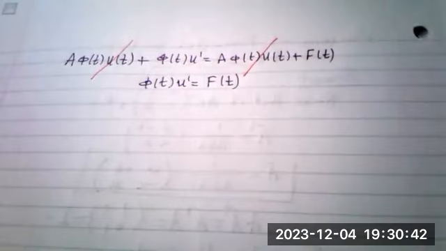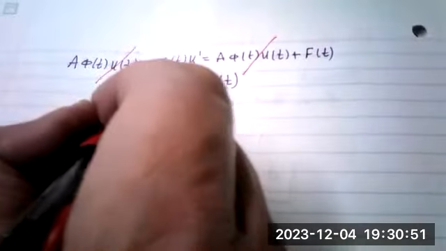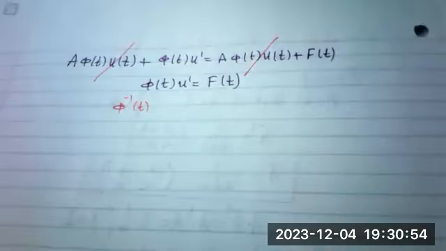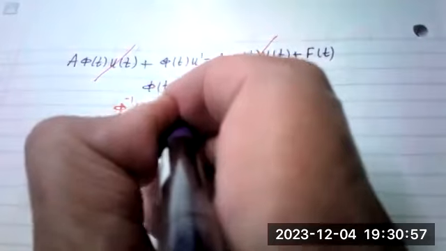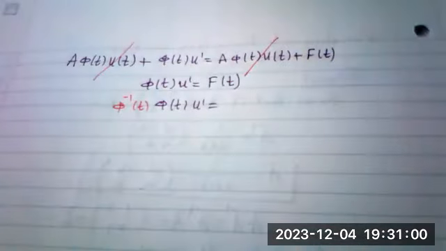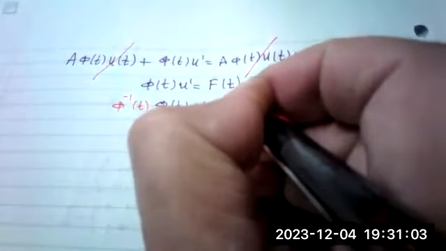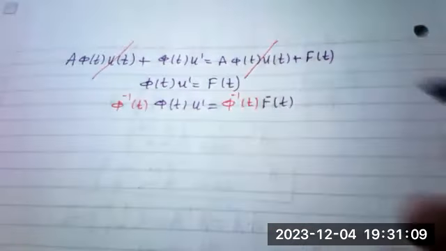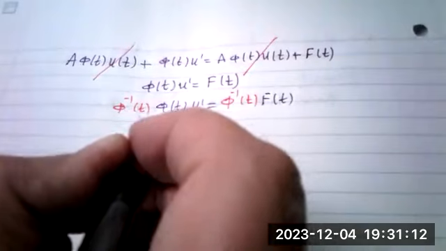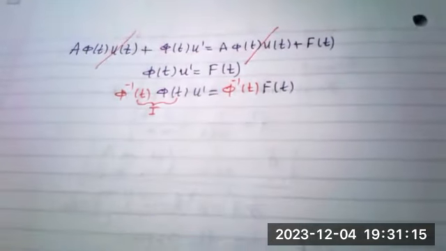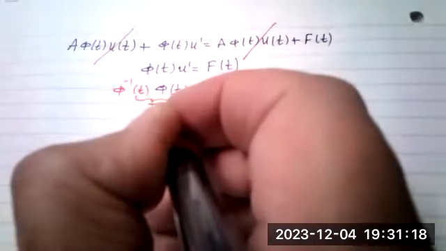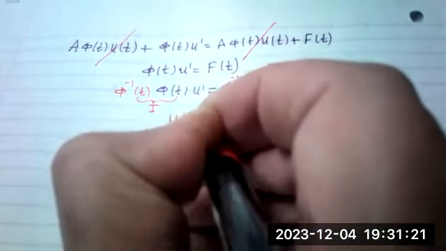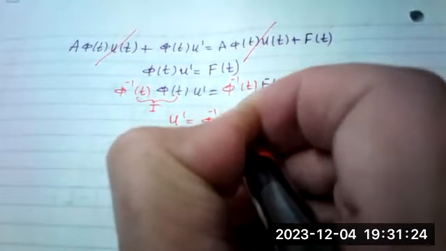Instead of dividing by phi of t, we multiply by the inverse, phi inverse of t, on both sides: phi inverse of t times phi of t, u prime, and phi inverse of t times f of t. But this part will disappear because it is just the identity matrix. So the result is u prime equal to phi inverse of t times f of t.